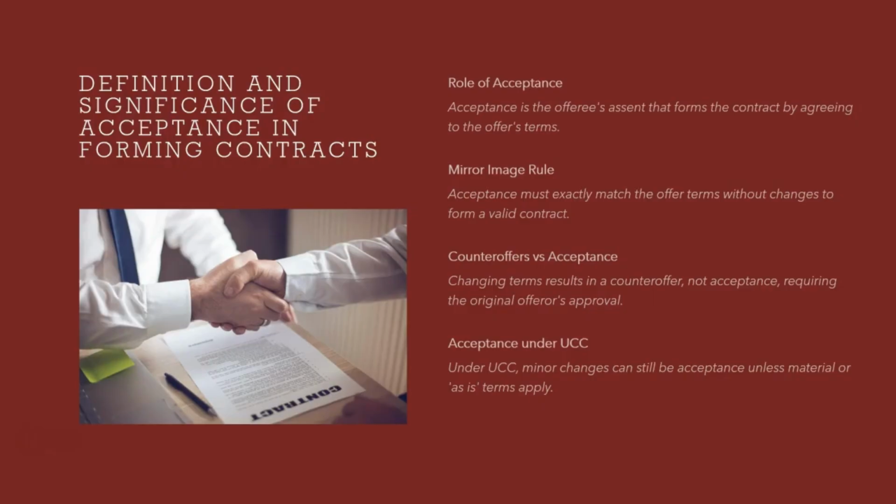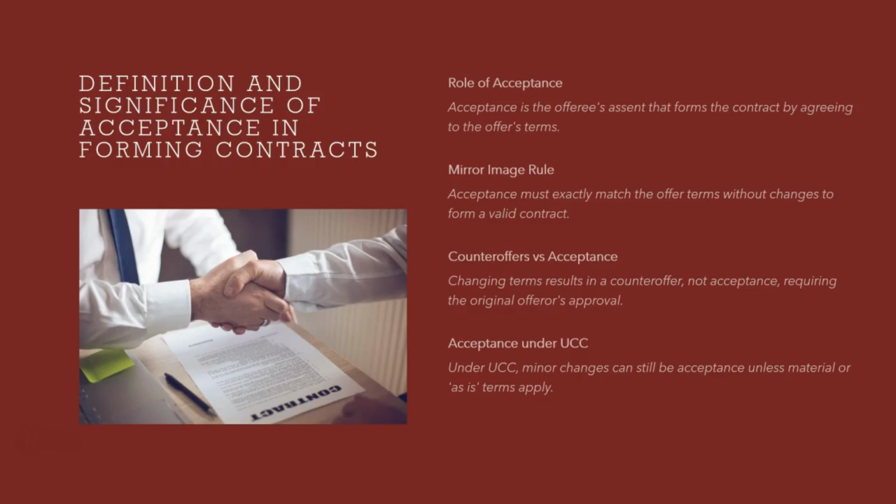The mirror image rule is a common law rule. It's not from the UCC, but the UCC does apply a mirror image aspect to it. The UCC sets out that the acceptance must match the offer, which is what the mirror image rule is illustrating through common law. It must be identical.